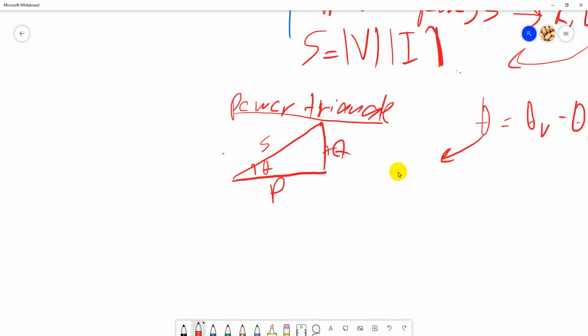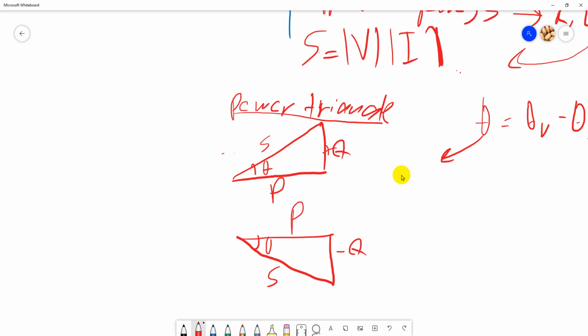For the load, P is always positive, but Q can change. Sometimes it is negative. So you have P, negative Q, and lastly S. S is also always positive because of the absolute.